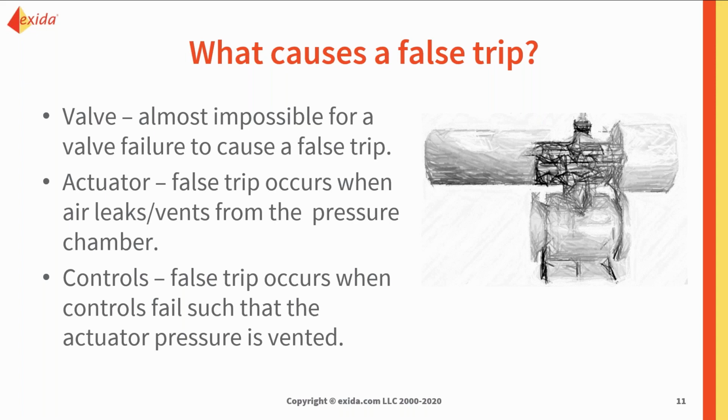Of course, there are other components that could be in your final element design, like volume boosters, filters, position monitors, all of those. All of those included in your design need to be part of your calculations and your SIL verifications. But I just wanted to highlight a couple of the key main contributors to false trip rates in your final element design.